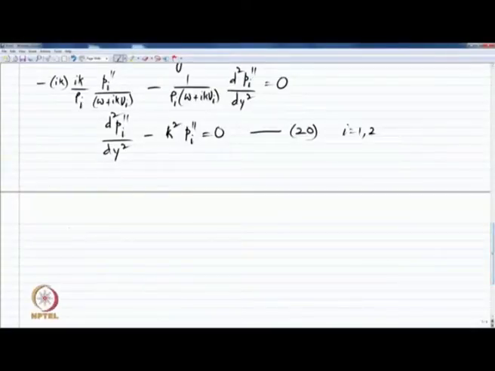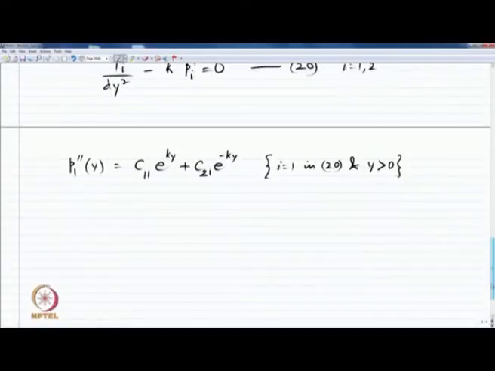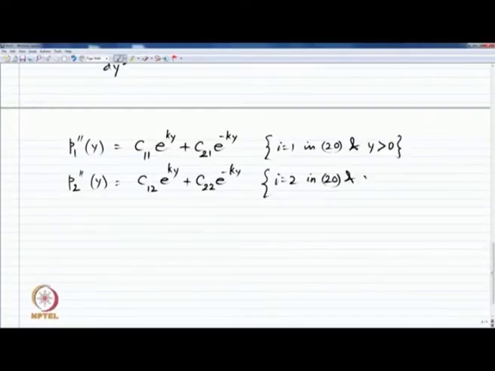So, I am going to solve for them separately, and from there I will find okay. So, that is our location of the two fluids 1 and 2.